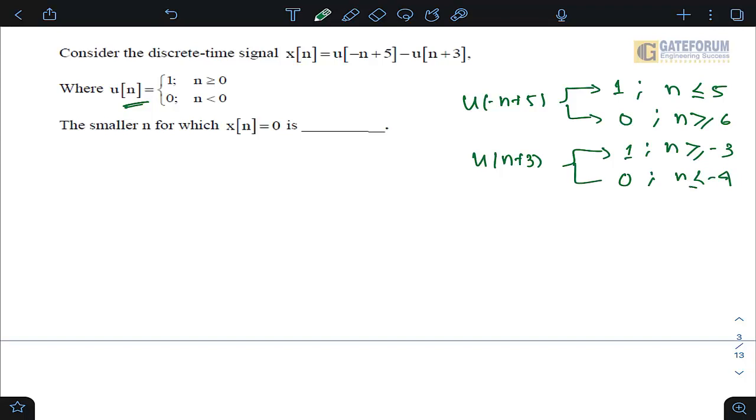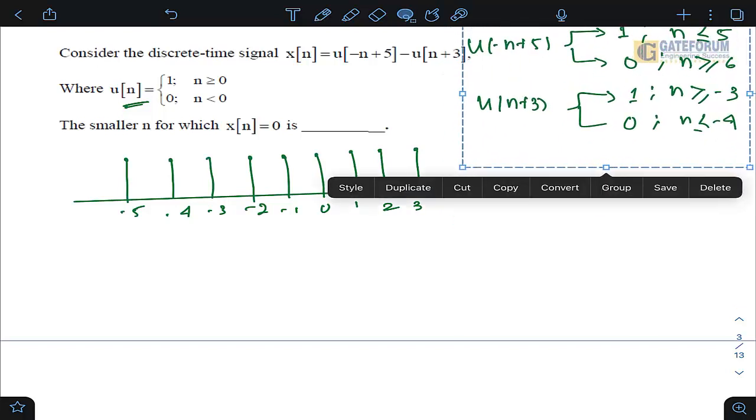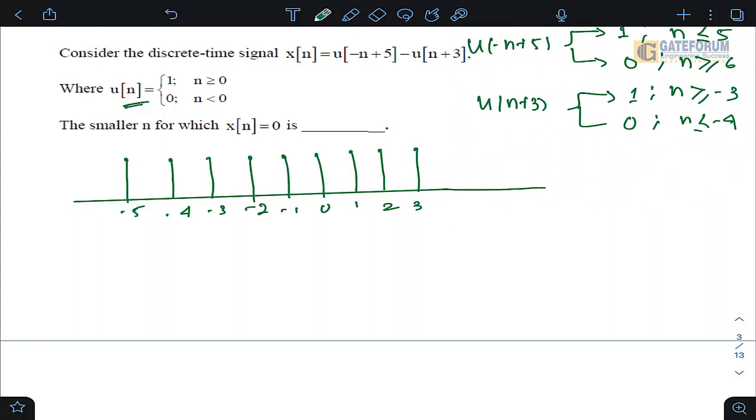So u of minus n plus 5, if I plot, how does it look? Let's say this is your minus 5, then this is your minus 4, minus 3, minus 2, minus 1, 0, 1, 2, 3, 4, 5, right?